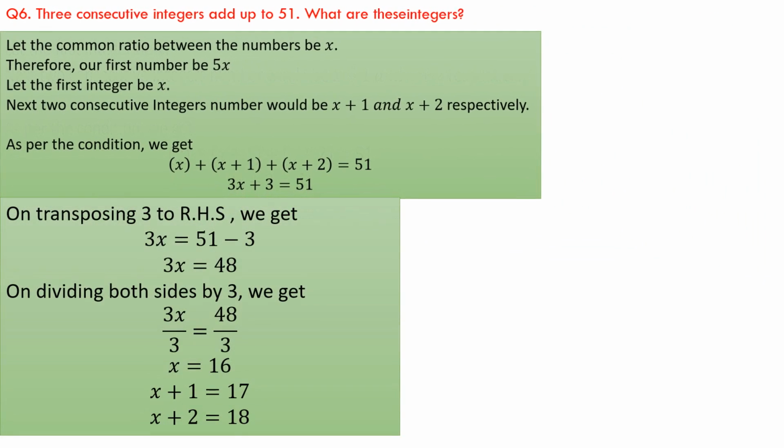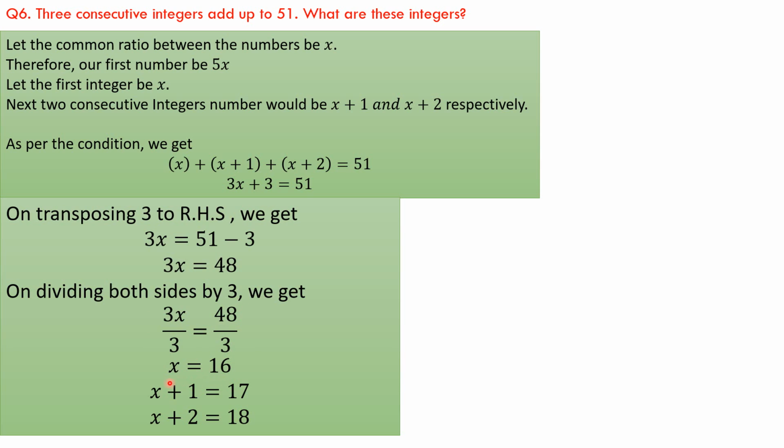On transposing 3 to right hand side, we get 3x equals to 51 minus 3. 51 minus 3 equals 48. Since the coefficient of x is 3, so on dividing both sides by 3, we obtain 3x by 3 equals 48 by 3. यहाँ लेफ्ट साइड में 3 से 3 कैंसिल हो जाएगा एंड राइट हैंड साइड में 3 16 48.